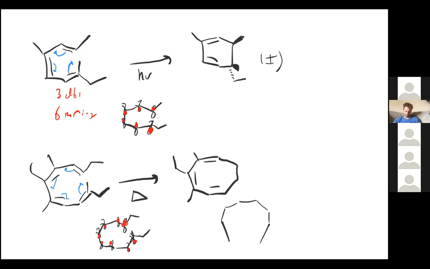That's probably not enough carbons, but it's okay. On the right side, we've got an electron on the top, left side one on the bottom.